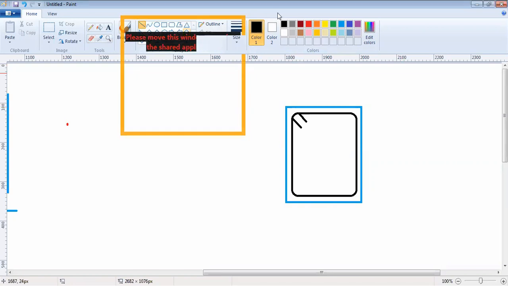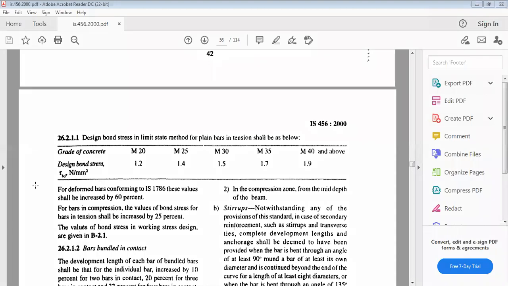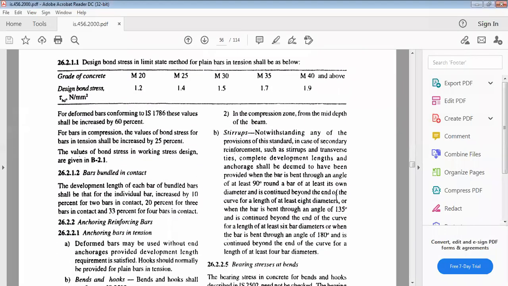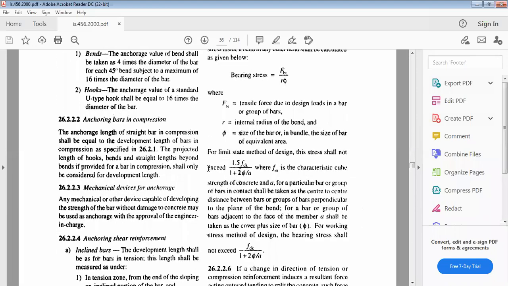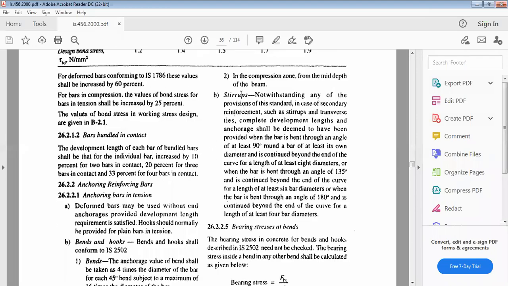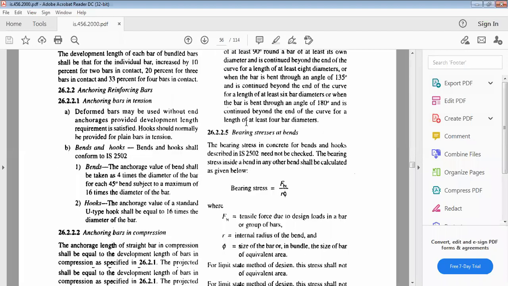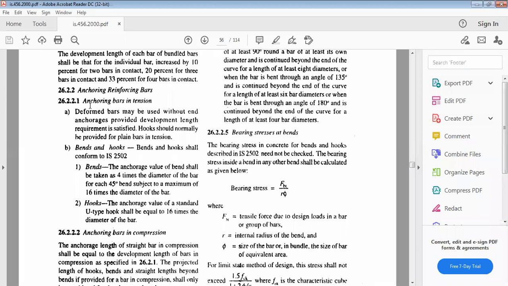What does the code say about the stirrup hooks? This is clause 26, page number 43. Stirrups, notwithstanding any of the provisions of this standard, in case of secondary reinforcement, before that there is anchoring bars in tension, deformed bars, this one. Deformed bars may be used without end anchorage provided development length requirement is satisfied. Hooks should normally be provided for plain bars.